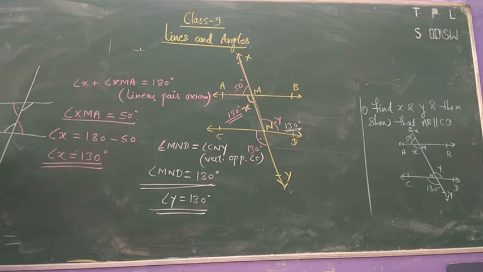And its reverse axiom is that if a transversal intersects two lines and alternate angles are equal, if this angle is equal to this angle or this angle equal to this angle, then these two lines are parallel. Means if corresponding angles are equal, then these two lines are parallel.